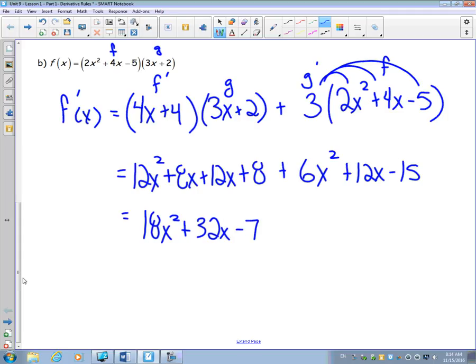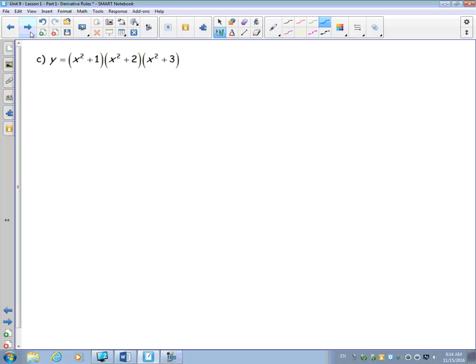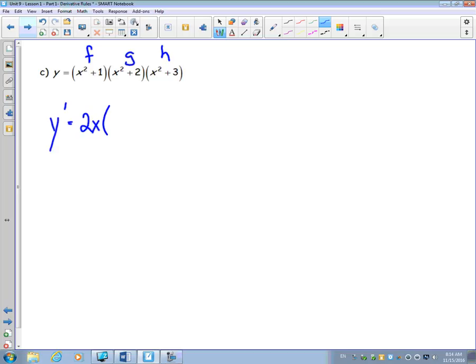Okay, try our next one. Okay, this one's got 3 parts. The same ideas we use in a 2-part product, we can use in a 3-part product. We're just going to have extra pieces. So we'll call this f, g, and h. So our derivative will be the derivative of f, which is 2x, times g and h. Okay, so we have f prime, g, h.